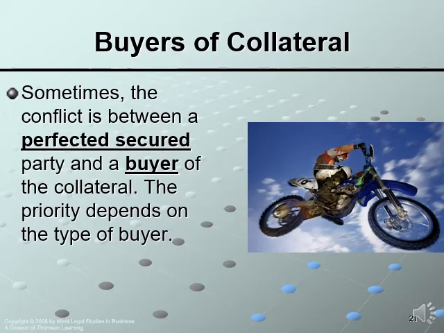And so the question is, when that inventory is sold to the buyer, is the buyer going to be subject to that security interest, or another way of saying that, will the creditor be able to repossess the inventory, which is the collateral, from the buyer? So there will sometimes be a fight between a perfected secured creditor and a buyer.